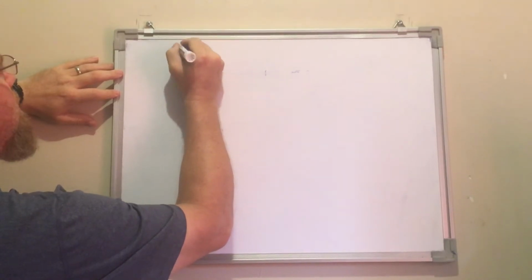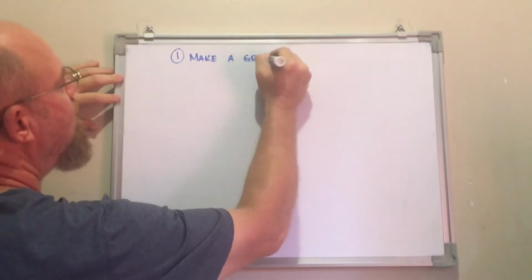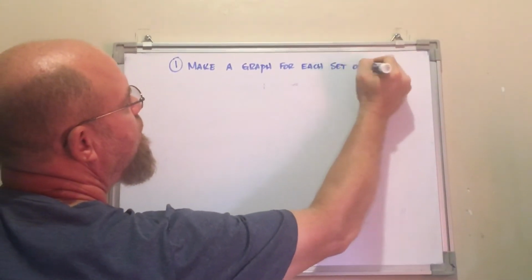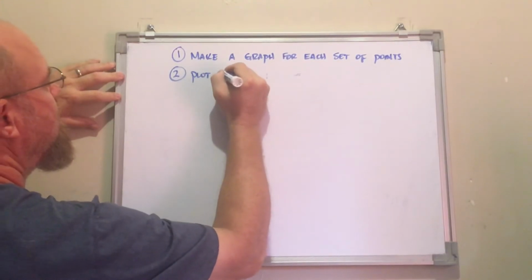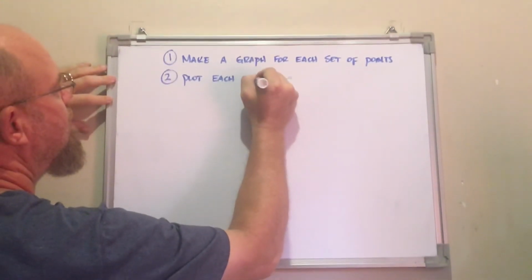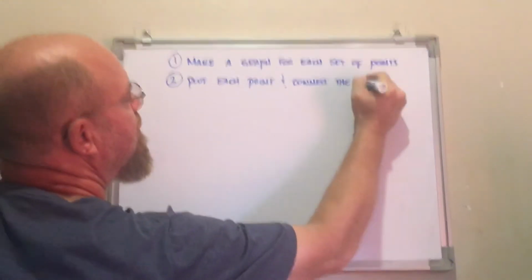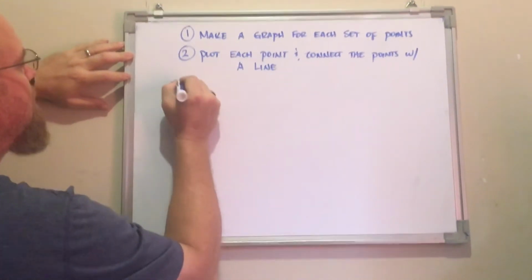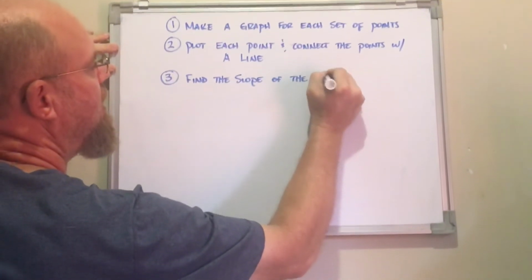I want you to, 1, make a graph for each set of points. 2, plot each point and connect the points with a line. 3, find the slope of the line.